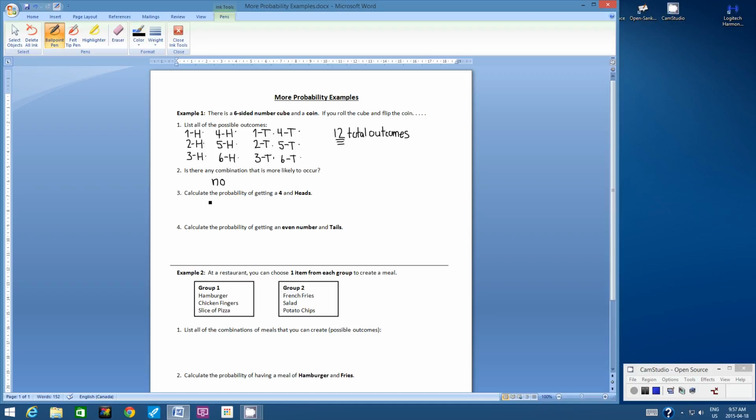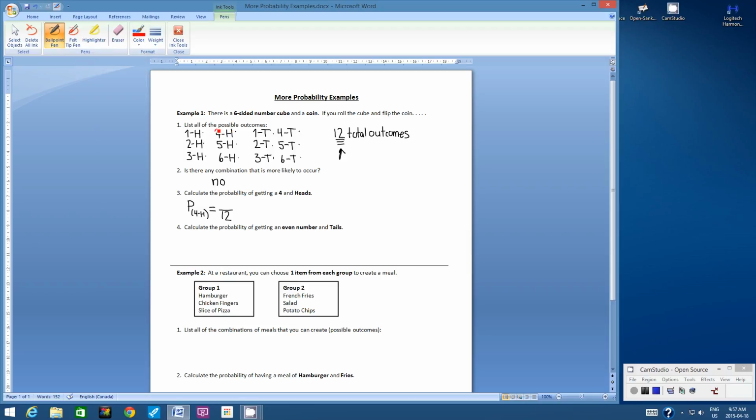Number 3, calculate the probability of getting a 4 and a heads. Okay, so probability of 4H. Okay, so we know that the total number of outcomes is 12. Remember, that's this number right up here. Okay, all right, so let's look for this outcome of 4 and heads.